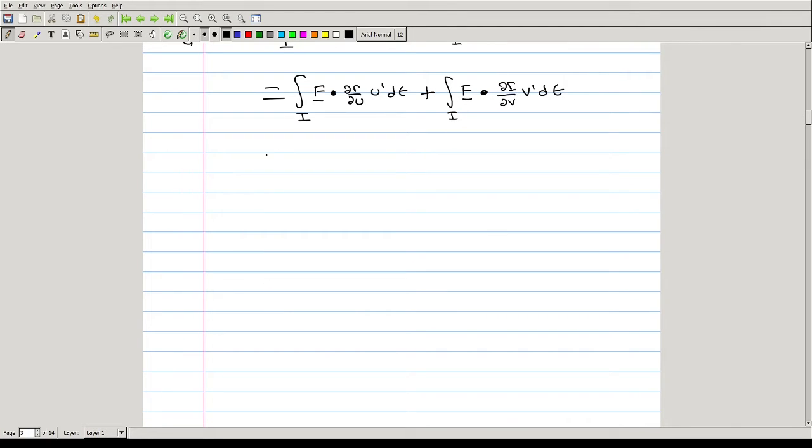This u prime dt is the same thing as du. We can think of it as, if we do a coordinate transformation, and the same thing right here, v prime dt, we can think of it as just dv.